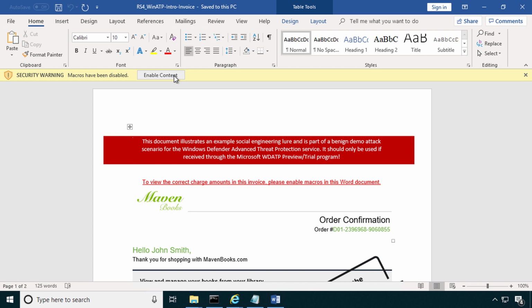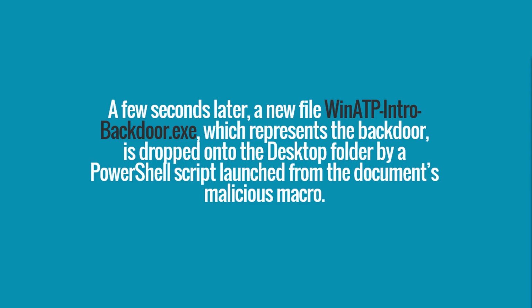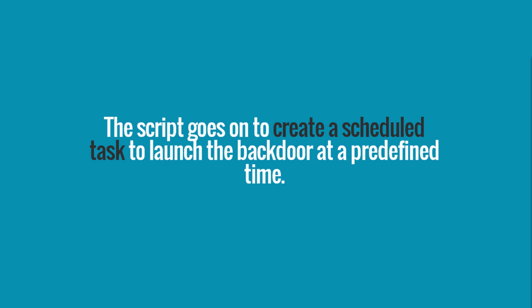that enable content. A few seconds later, a hidden PowerShell script is launched from this document's malicious macro, and it performs the following actions. First, that macro drops an executable file which represents the backdoor onto the desktop folder. Then the script goes on to create a scheduled task to launch the backdoor at a predefined time.